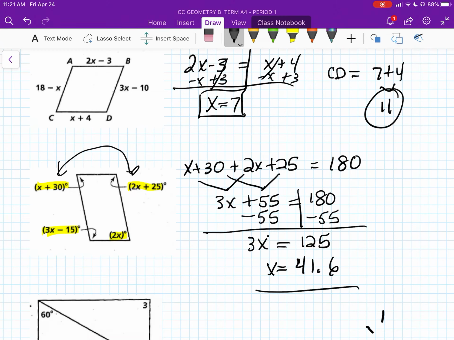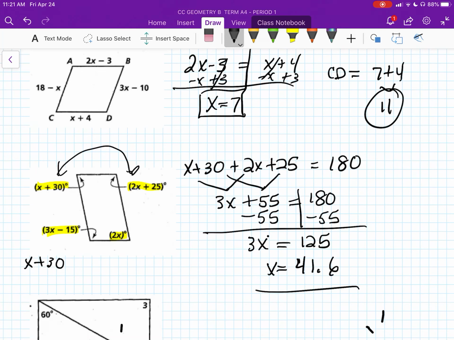So we could have also done it the other way by saying that x plus 30, yeah, looks like I made a mistake here. So let's figure out how I made my mistake. So I'm going to go back. I'm going to look. These two angles have to add up to 180. So x plus 2x gives me 3x. 30 and 25 add up to 55.